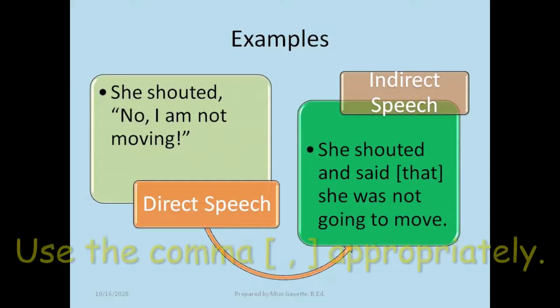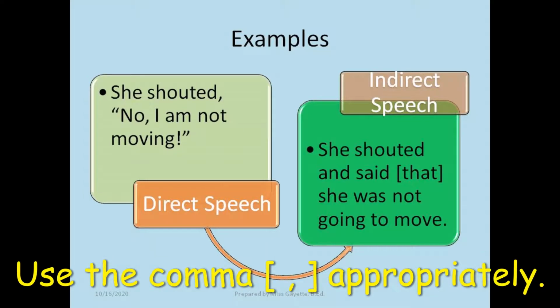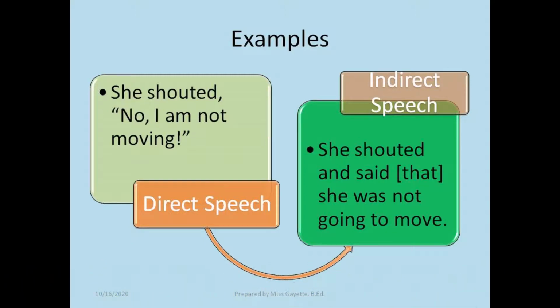Also notice that we have the comma separating the tag from the words spoken by the speaker in this sentence. And the indirect equivalent to that is she shouted and said that she was not going to move. Notice the change in the tense and the inclusion of the word that.